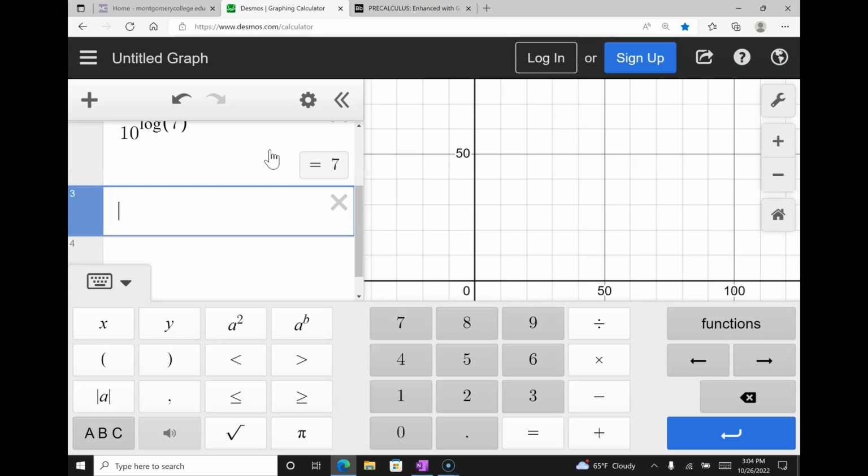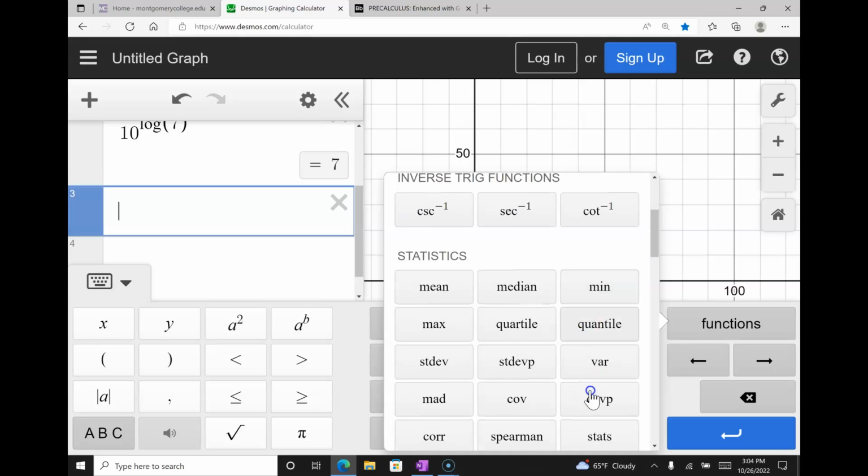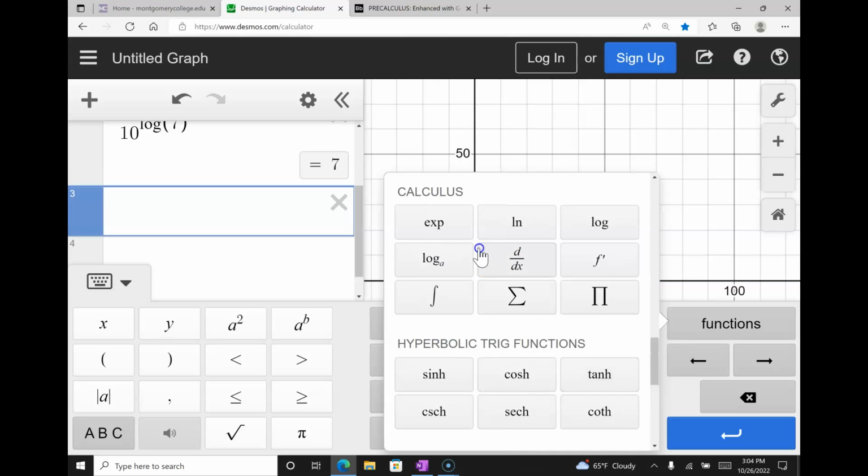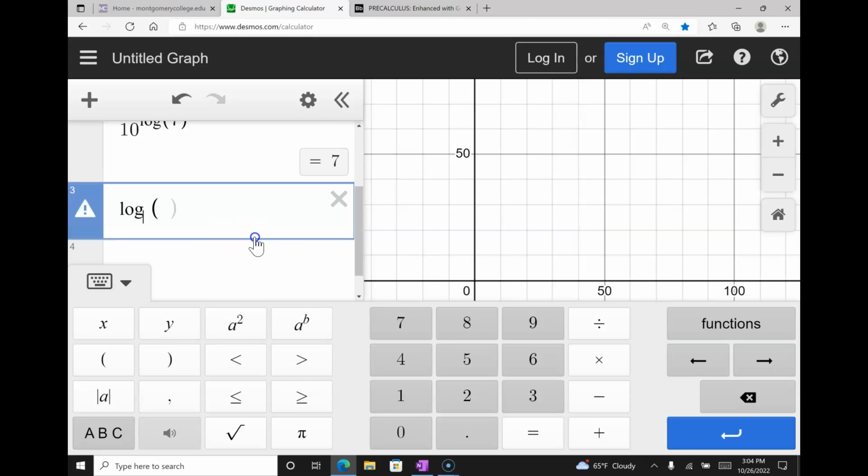Change of base. So let's do log base 3 of 9. We know the answer is 2. If you can start thinking in terms of logs, I'm thinking, okay, the base is 3. What exponent do I need to get to 9? That's what I'm thinking.